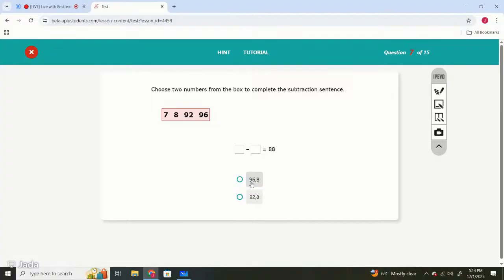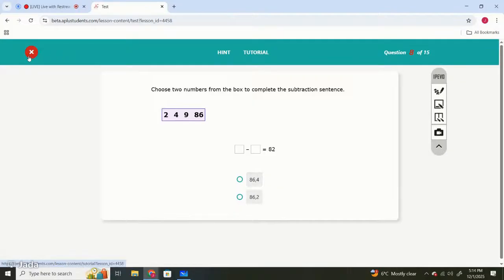We need to make 88, right? 96 take away 8, I think. Yes, option 1 is the correct option.